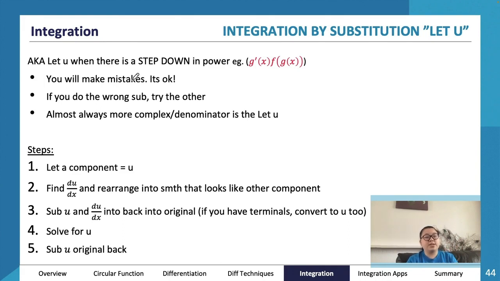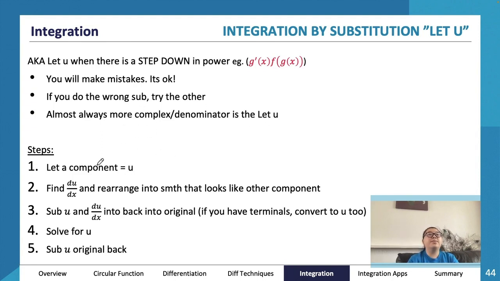Over with practice, you will get better at identifying which one you need to substitute and which one is the du dx component. What I look for in a question when I consider using this is, can I see the function and can I see the derivative in the same equation, and can I use that to my advantage? In a question where they have a denominator which is a function, often the denominator will be the u, so that gives it away a little bit.